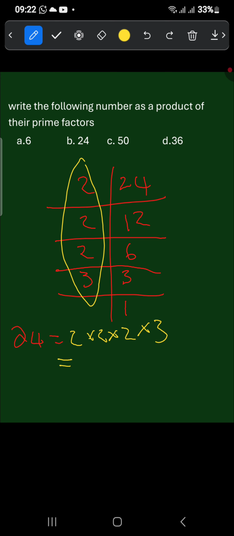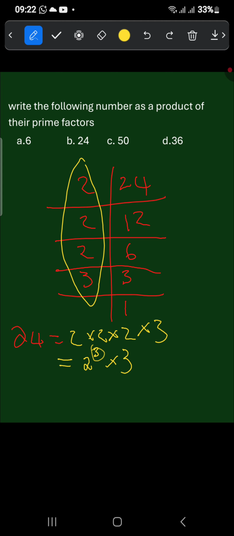Then in exponential form, 2 times 2 times 2 is 2 to the power 3. Power 3 means the 2 is repeating itself 3 times, then times the 3 that you see there.